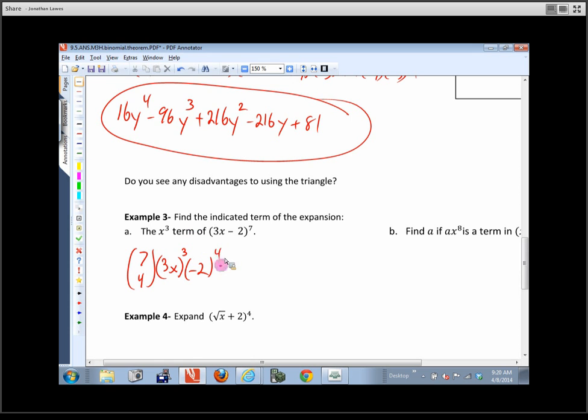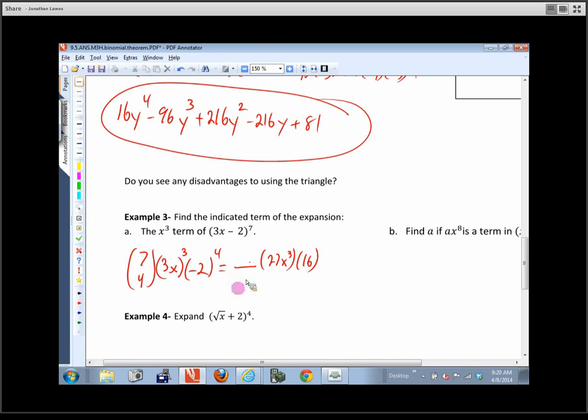That's the setup, and then all we need to do is figure this out. This would be 7 factorial over 4 factorial, 3 factorial. This is going to be 27x to the third, and this is going to be 16. And what I need to do is figure this out right here. Okay, and again, I wrote it this way. I would highly encourage you doing this.